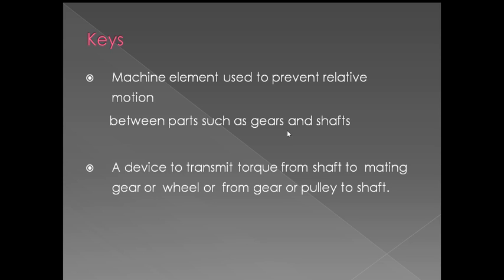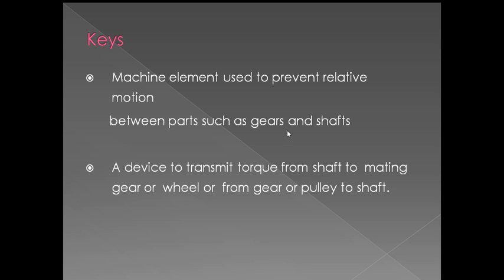So that's why, to stop that relative motion, we use keys. Keys provide a positive means of transmitting torque between the shaft and the hub of the mating element. There is no chance of slip and no chance of loss of power.